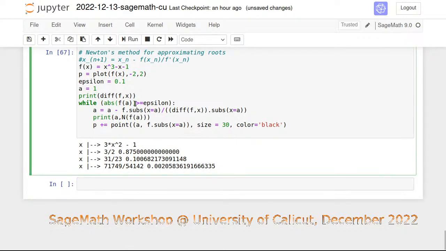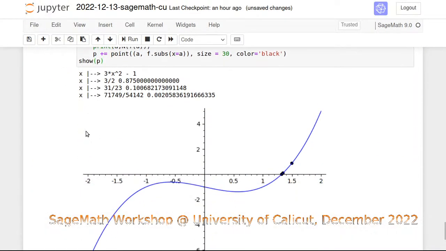I have not asked for printing anything, right? Show P. I think it's because of that, but that is not actually the correct thing.